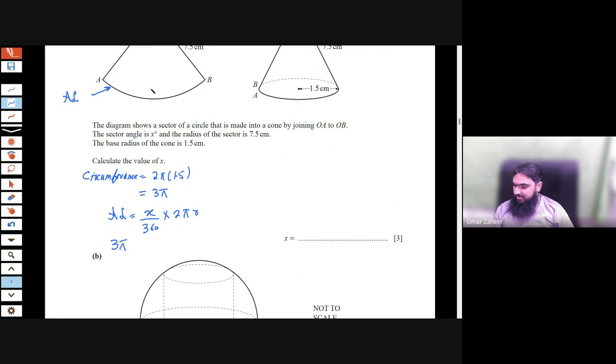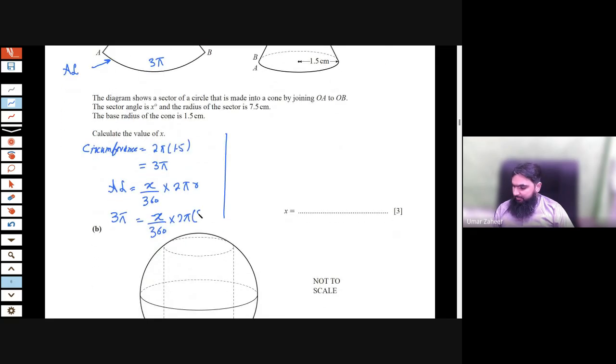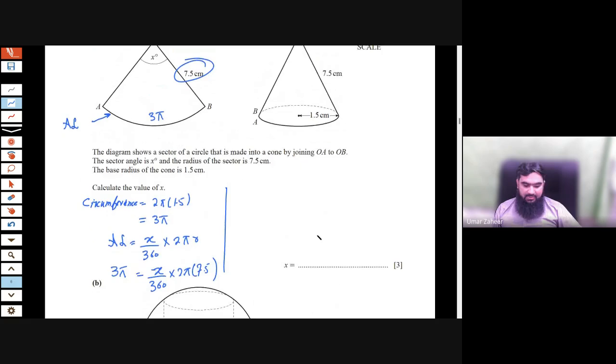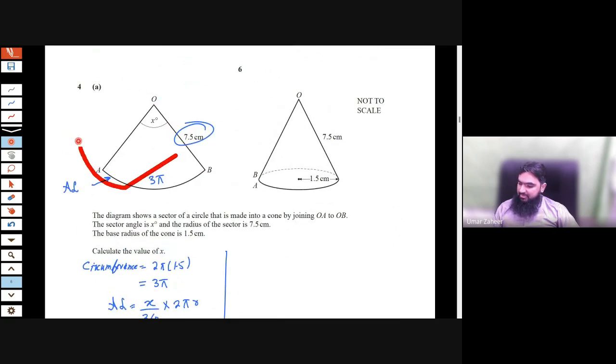This circumference is basically the arc length here. 3 pi is equal to x divided by 360 into 2 pi r. Now, the radius of the arc is 7.5. Don't mix the radius of the circle and the radius of the arc. Obviously, here we are talking about a bigger circle.